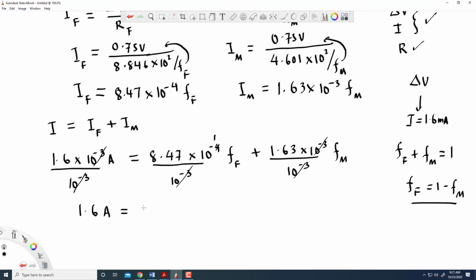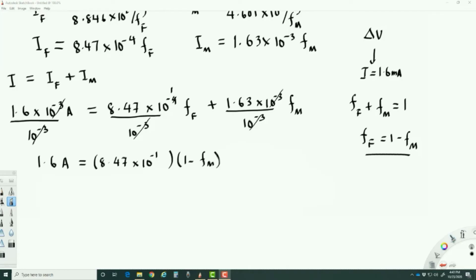So this one is 8.47 times 10 to negative 1. So F sub F is 1 minus F sub M. Okay, so that plus 1.63 FM.